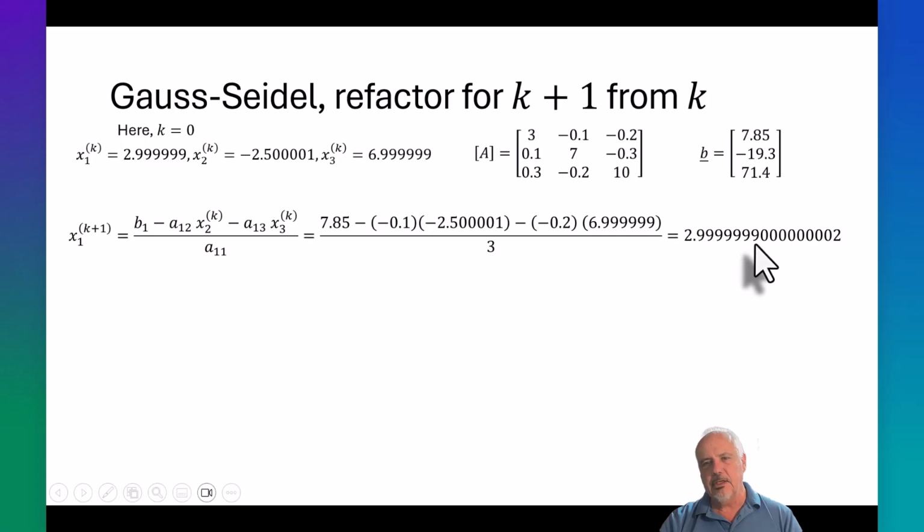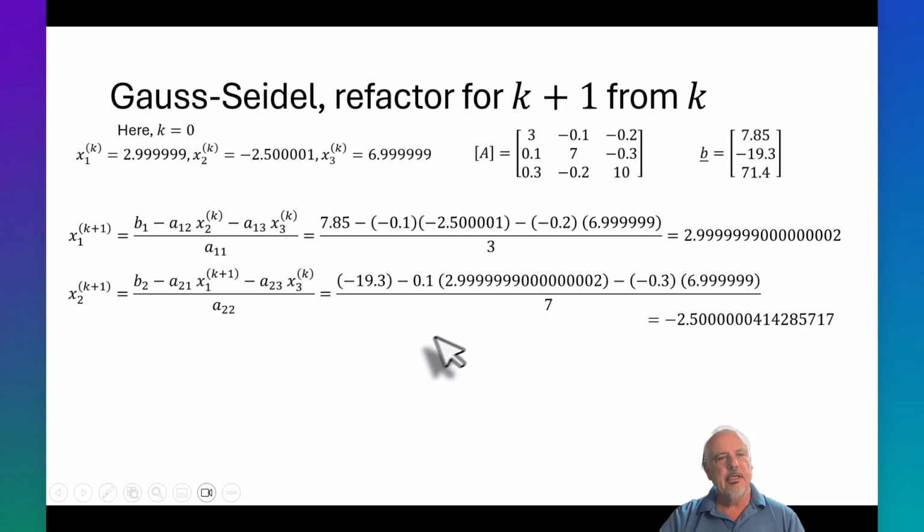All right, so I carry out all that calculation, and I get 2.99. I get the same thing. It's changing so minutely, I've got a 2 all the way in the 16th place, but it is actually going towards the correct answer, which we know to be 3. So that's how the x1 would change. I'm thinking, well, that's kind of minute. But then I did x2.